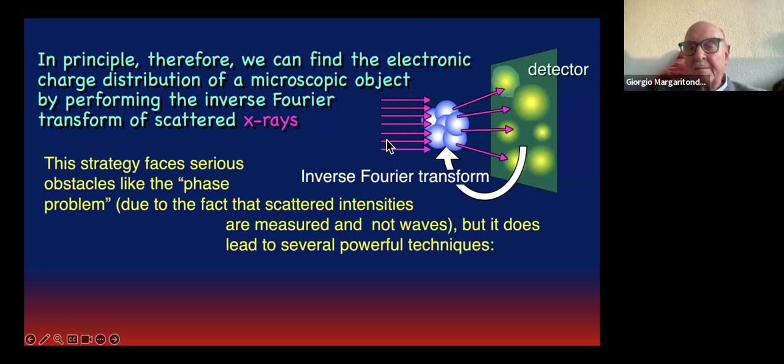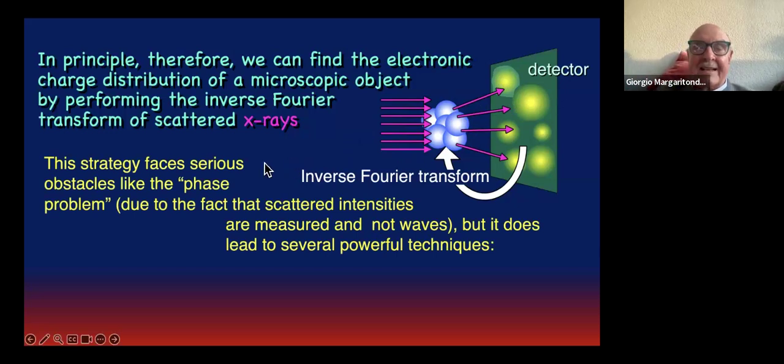What is the phase problem? Well, basically it is related to the fact that when we are performing a scattering experiment, we are not measuring a wave. A wave is an electromagnetic field. We are not measuring the wave, we are measuring an intensity, which is the square of the amplitude.